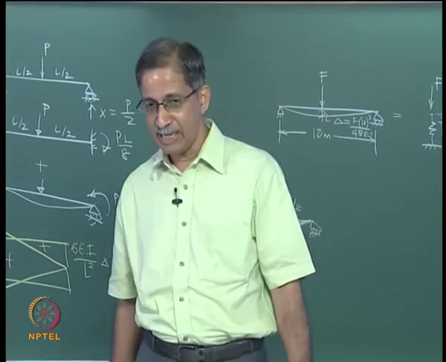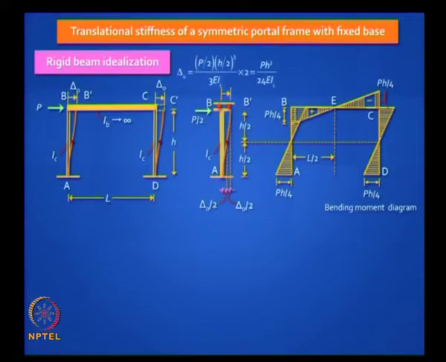So this is a bending moment diagram. Can you see for this particular case, this is P, P by 2 into H by 2 is PH by 4, so you get typically bending moment diagrams like that, and K has a value of 24 EIC by H cubed.